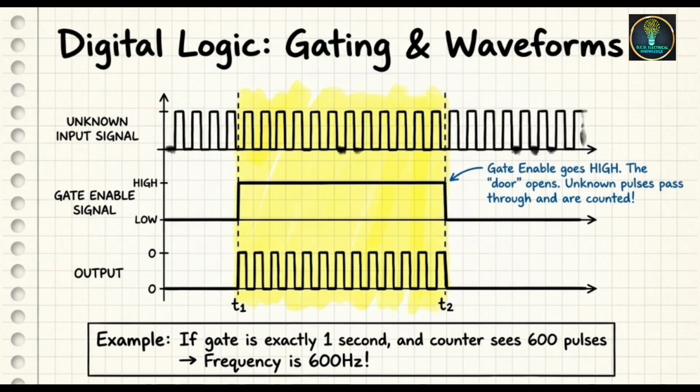Digital logic, gating and waveforms. Unknown input signals. Gate enable signal, high and low level. When gate enable goes high, the door opens, and unknown pulses pass through and are counted.